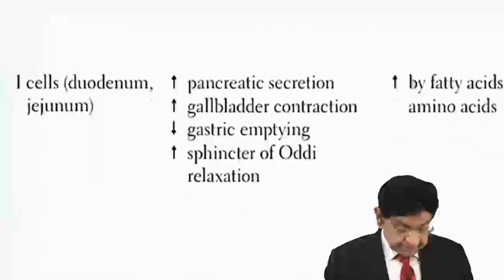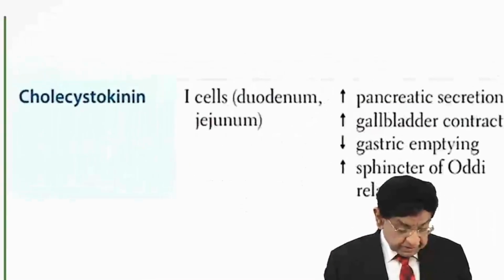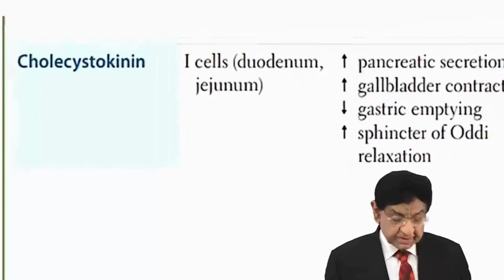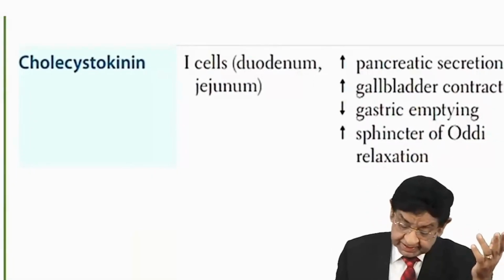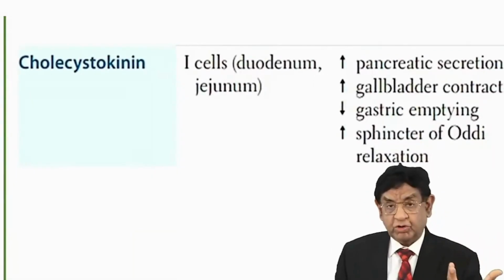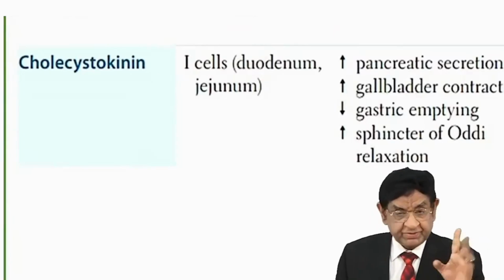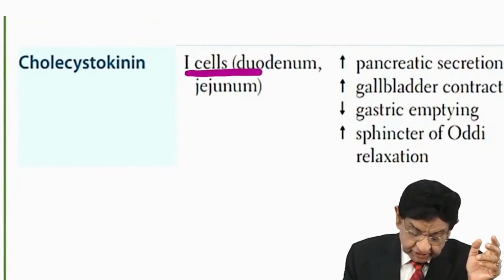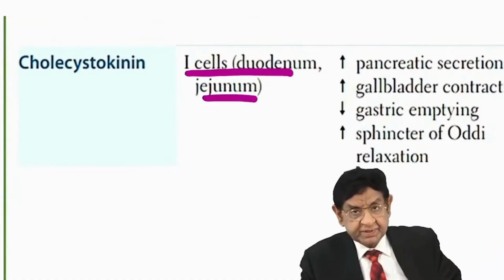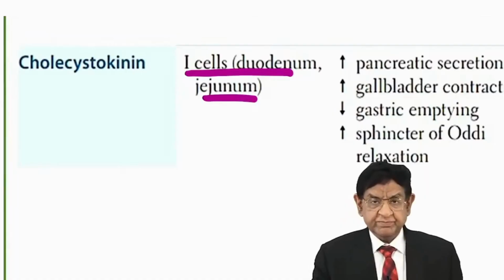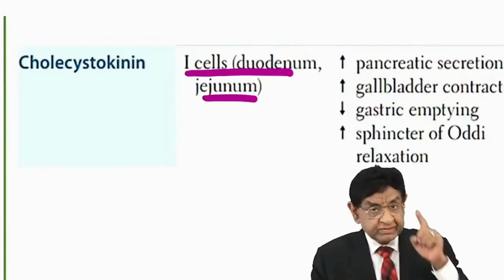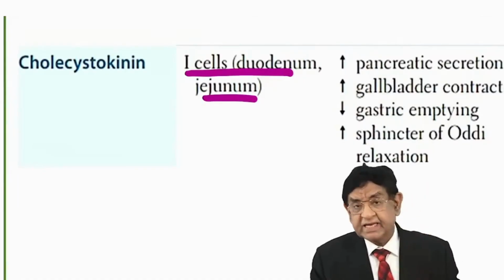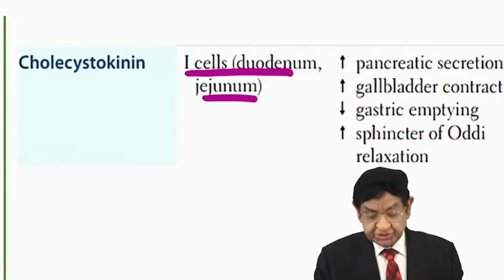The second enzyme is cholecystokinin. We have read earlier that it is the one which causes gallbladder contraction. It comes from the I cells of the duodenum and jejunum. Somatostatin came from the D cells; this is from the I cells of the duodenum and jejunum.